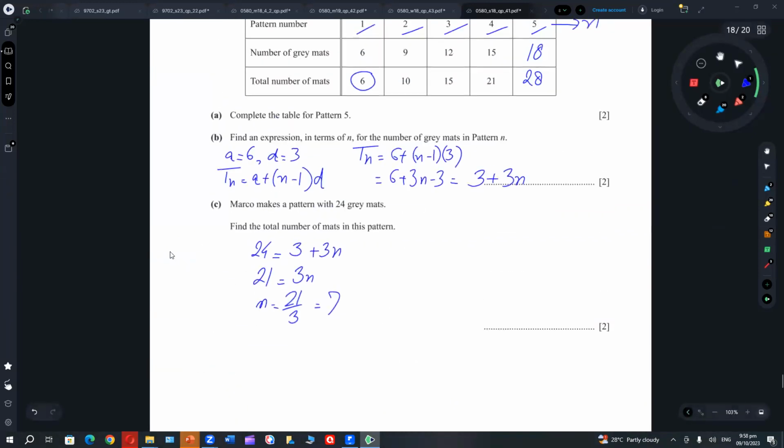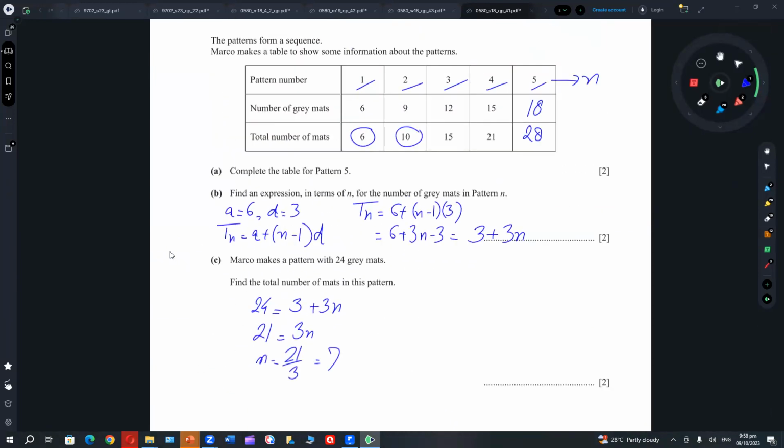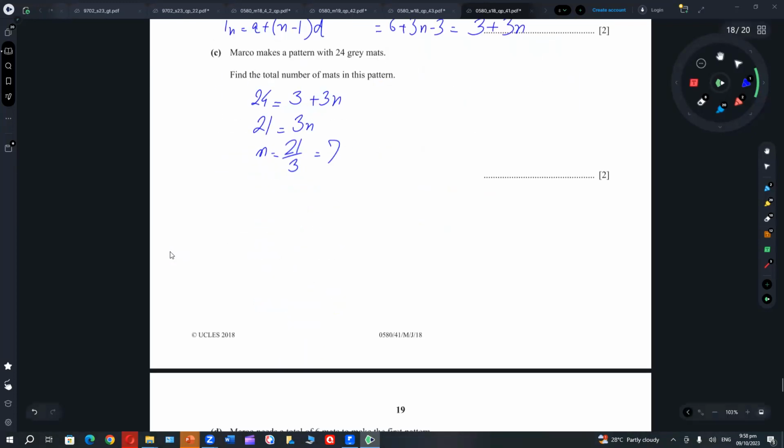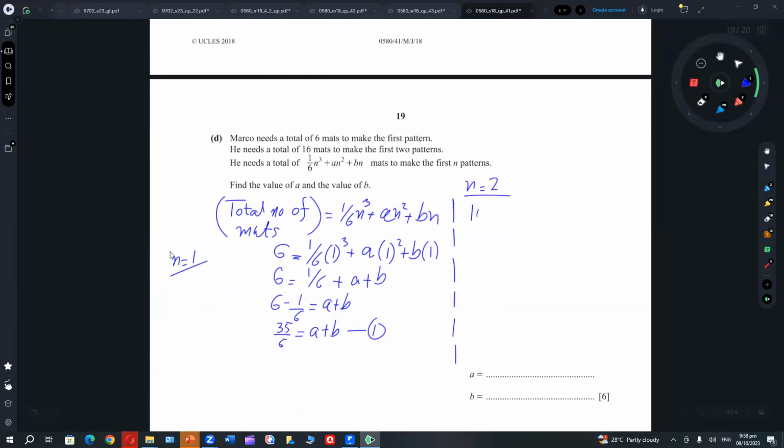N is equal to 2. What is the total number of mats? 10. So we can rewrite the equation with 10. 10 is equal to 1 upon 6.